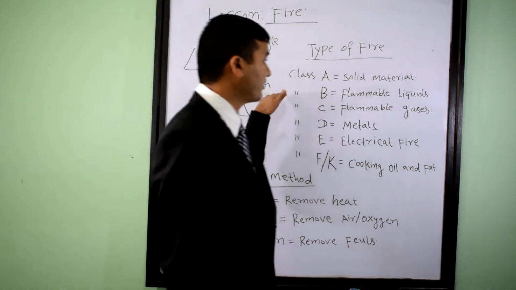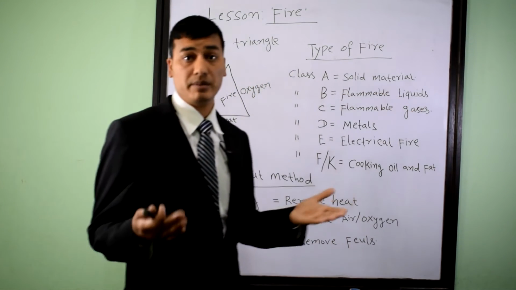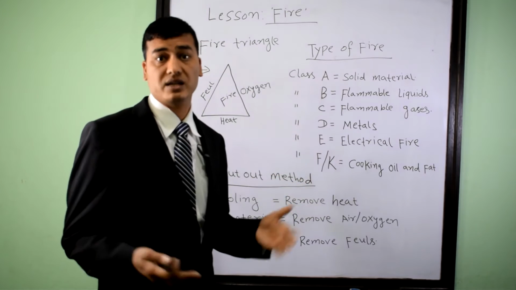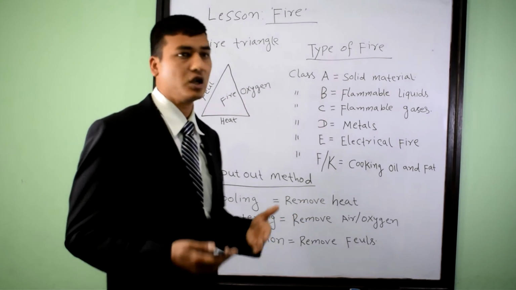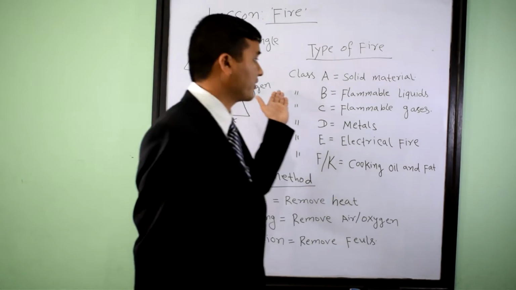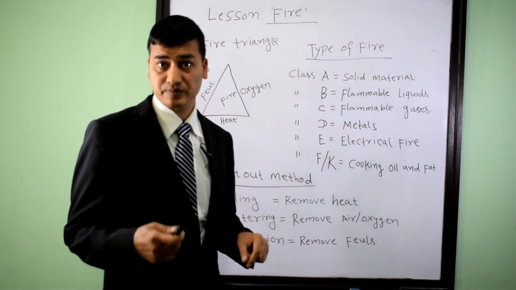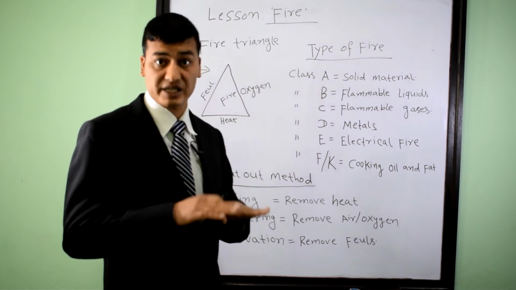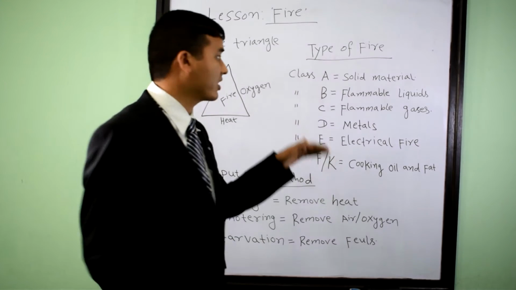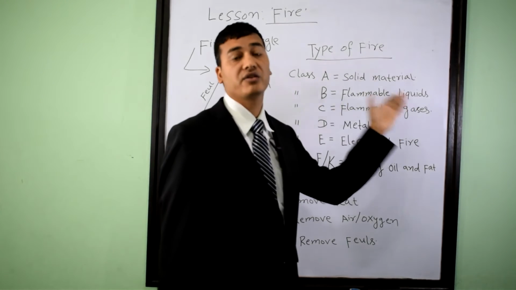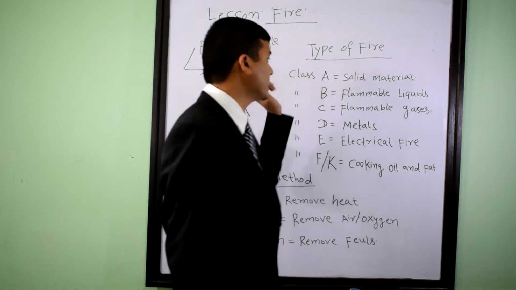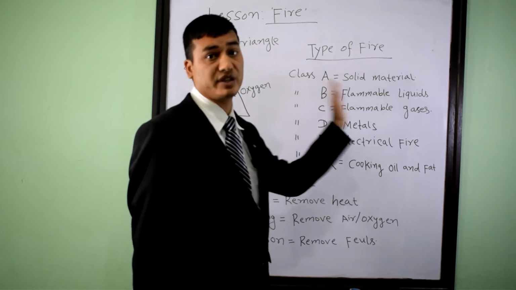Number 2, class B, flammable liquid. You know flammable liquids, right? Kerosene, petrol, diesel. Flammable liquids can burn quickly and spread immediately. These types of liquid are in class B fire.